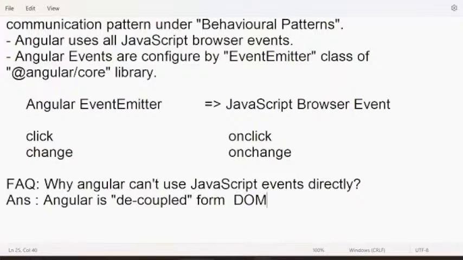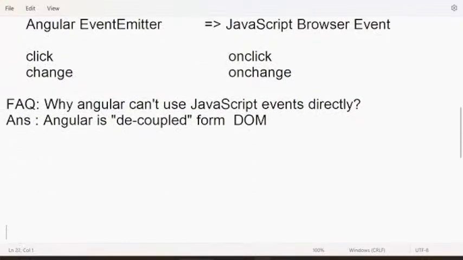Any technology coupled with DOM will use direct events. If it is decoupled from DOM, that means it cannot use any DOM methods directly. That is the reason you haven't seen any getElementById or querySelector; we never used these in Angular. But you are doing similar work by using ngModel, ngClass, ngStyle.